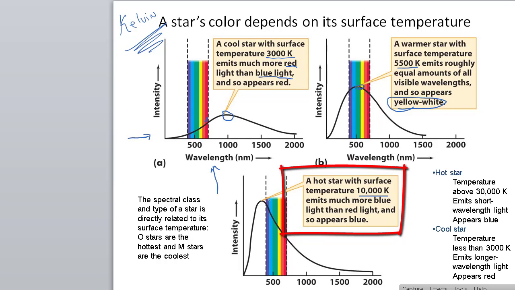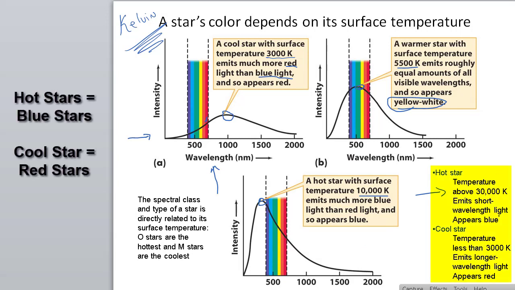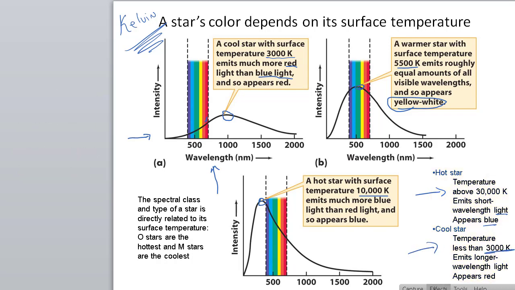And then if it is above 10,000 Kelvin, it's going to emit blue light. So what am I saying? Hot stars, here, with temperatures above 30,000 Kelvin, are going to be on the short wavelength, the blue wavelength. Cool stars, below 3,000 Kelvin, are going to be on the red part of the spectrum.